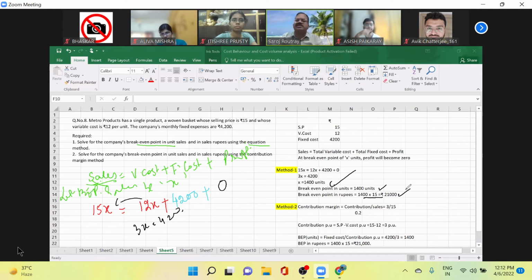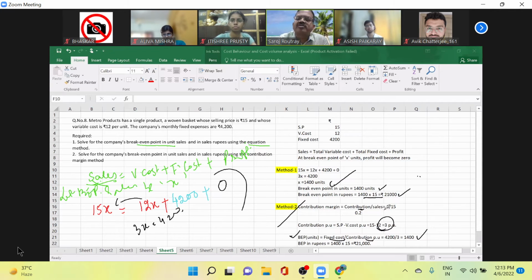If not this, then I will use fixed cost divided by contribution per unit. So fixed cost 4,200 divided by contribution per unit 3 is 1,400. Right? There is no difference. It is given as a formula but derived from this equation. The other way is contribution margin ratio. Contribution margin ratio is contribution divided by sales.